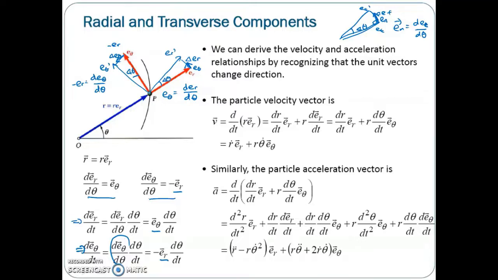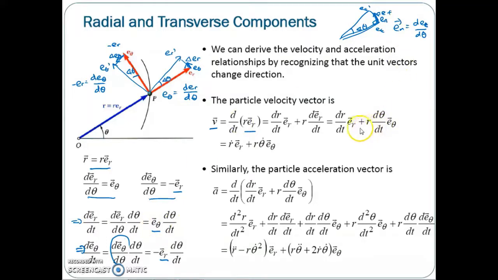Recapping, given r equals r e_r, the position vector, then the velocity vector will be the derivative of our position vector. So our v equals the differentiation of this r dt. You can further expand to dr dt in the direction of e_r plus r de_r dt. And just now we have obtained that de_r dt is equal to d theta dt e_theta.